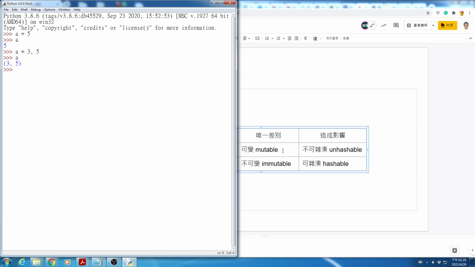Do you remember that? Like if we have S is equal to 3, 1, 4, 2, we enclose 4 values in a list surrounded by a pair of square brackets, and S is a list.